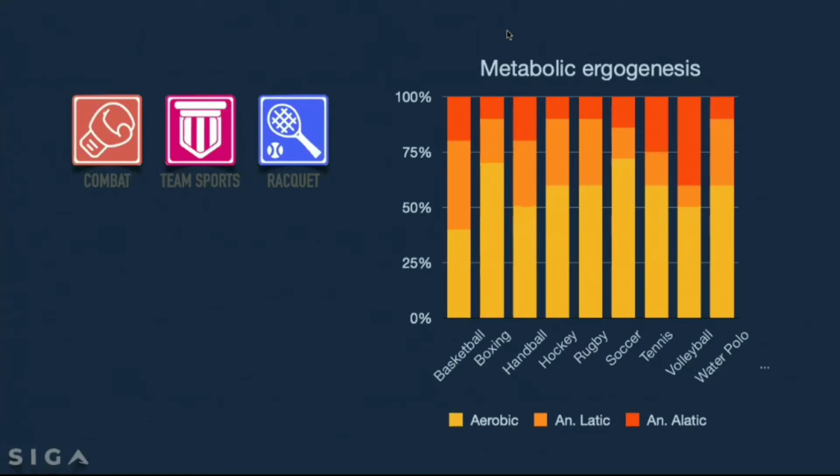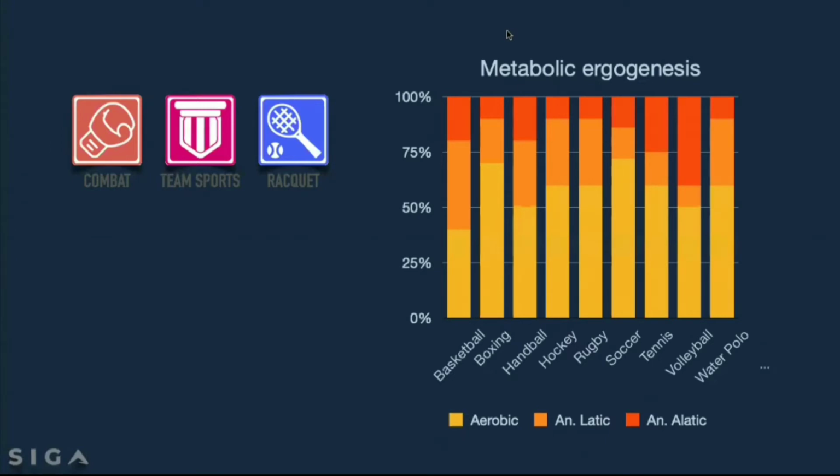And pay really close attention to the color code that I use. I use yellow to distinguish aerobic metabolism and more reddish to depict more alactic. For instance, when you are sprinting, jumping, doing cutting maneuvers, you are close to 100% there.